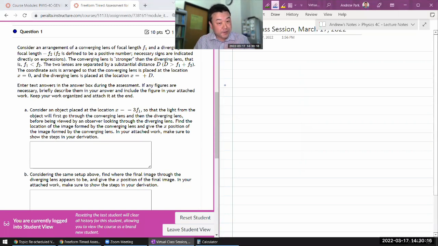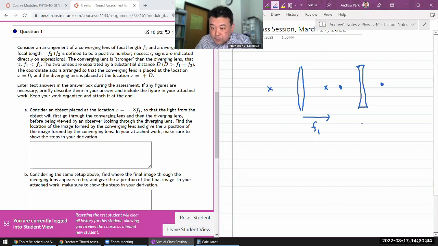Okay, consider an arrangement of a converging lens of some focal length f1, and a diverging lens of focal length f2, and d is greater than f1. So let me draw the diverging lens. I do recommend drawing figures as a matter of good problem-solving practice, and making sure you understand what the question is asking about.